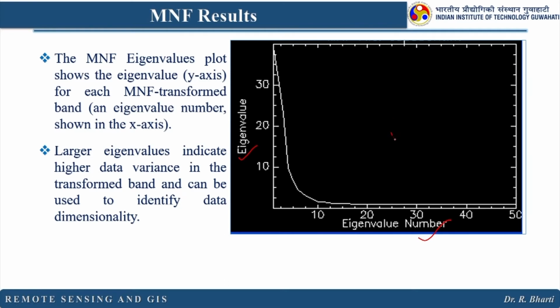So this is one of the pieces of information. Based on that, we can identify the inherent data dimensionality of the input image, right? When I am talking about the input image, I mean all the bands. In case of a hyperspectral image, it will also contain 200 or 300 bands, right?